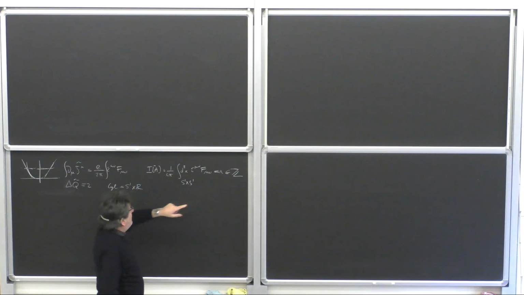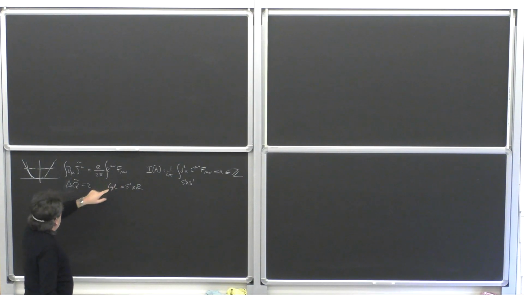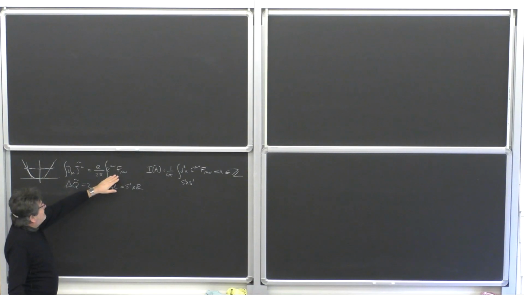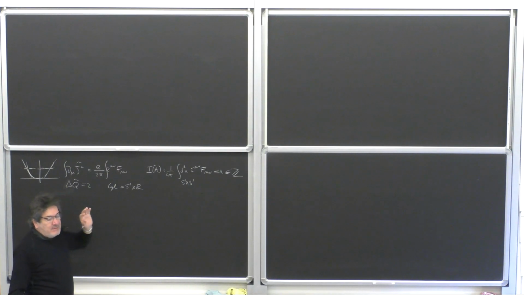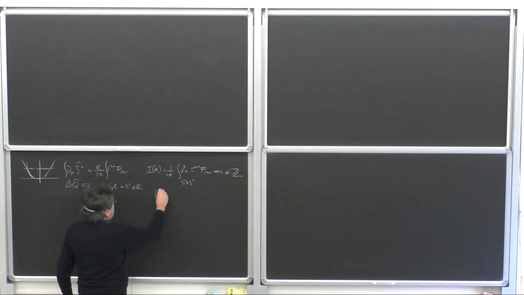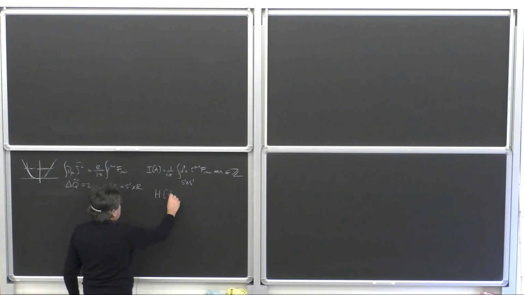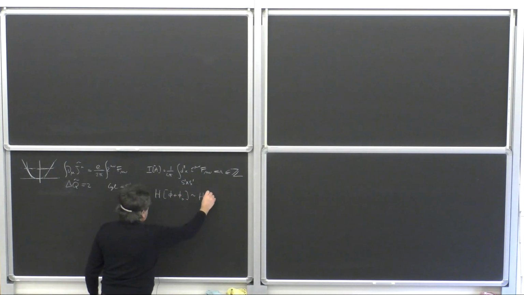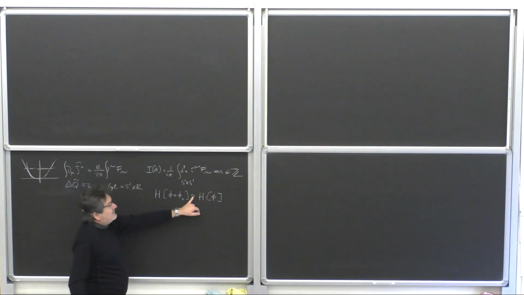If I insert a quantum of flux, this corresponds to changing the charge by this, and to the spectrum of the Hamiltonian going to itself. As we said, the Hamiltonian with one extra flux, phi naught, is equivalent in the sense of a gauge transformation, which is a large gauge transformation.